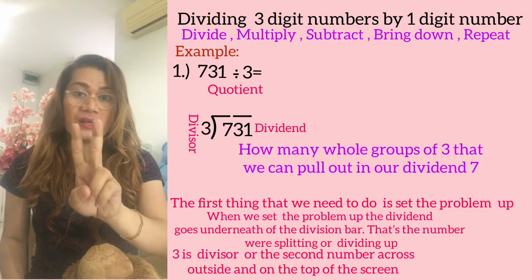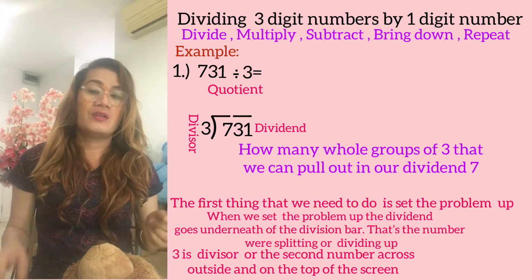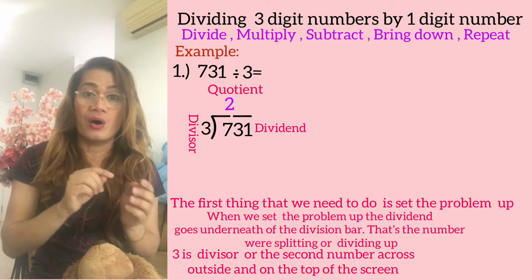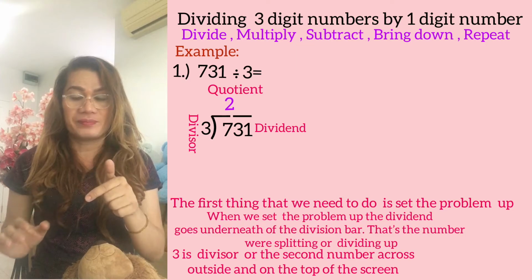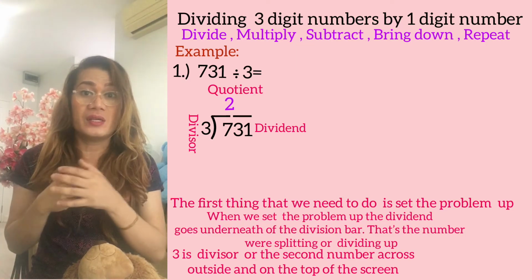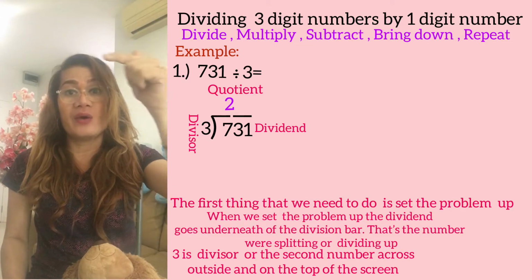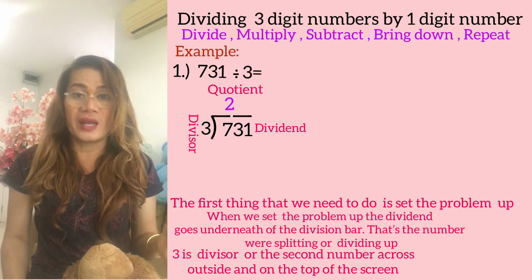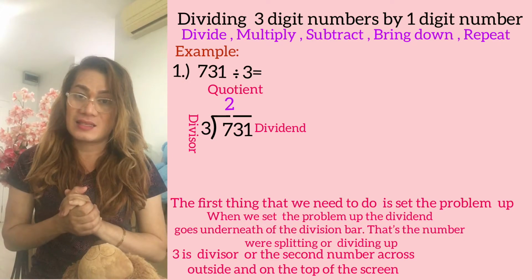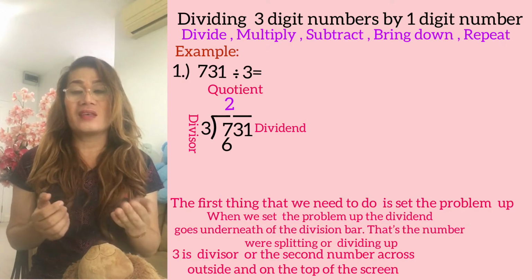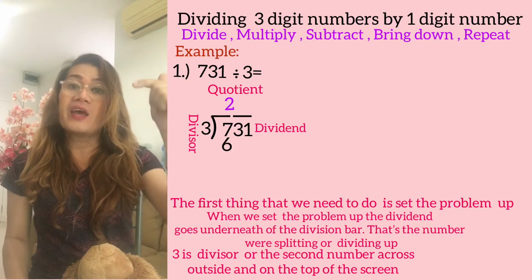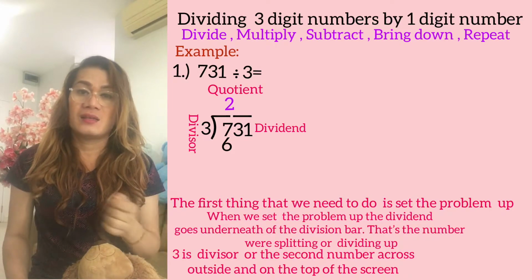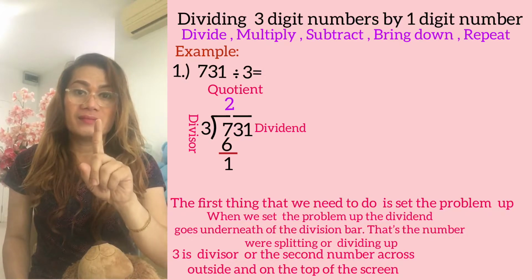Of course, only 2. So we put our number 2 on top of the 7. Then we multiply our 2 by our divisor. 2 times 3 equals 6. Next, we subtract. 7 minus 6 equals 1.